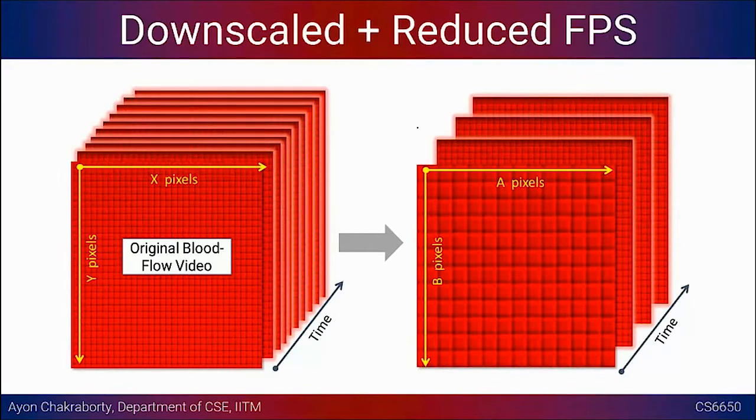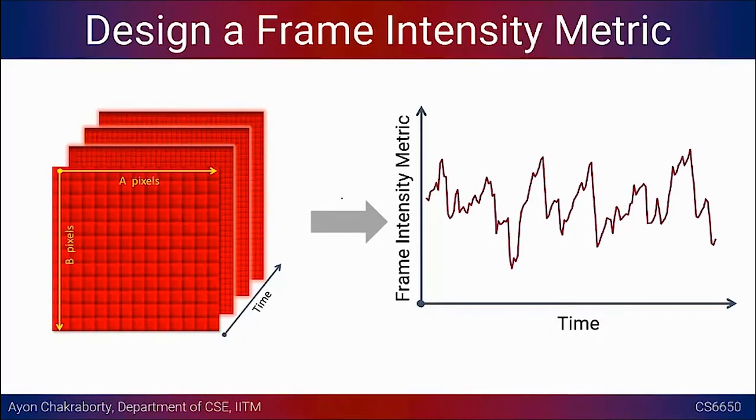And what you want to do is come up with an intensity metric on these frames to calculate the beats per second. That is our interest in this study. So what is the intensity metric? You are basically trying to come up with one number, or one quantity, per frame that represents the overall intensity that you are looking for.